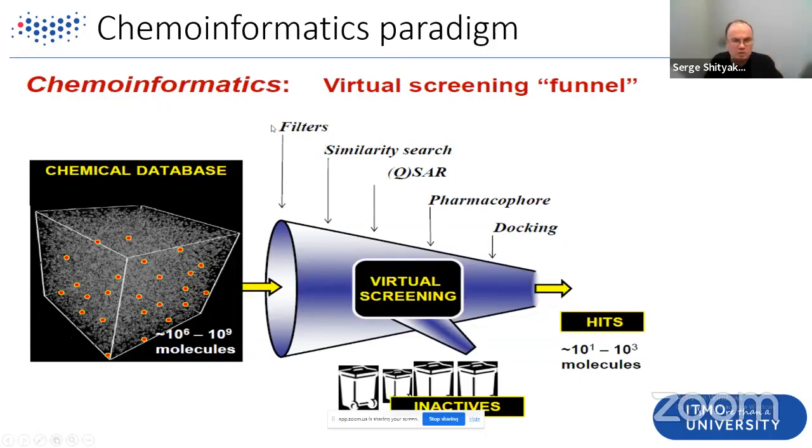And it's possible when you have different methodologies in terms of filters: similarity search, QSAR, structure activity, structure properties, pharmacophore, docking, and so on. Then most of the molecules will come up as inactives, and a small portion of molecules will come up as actives.